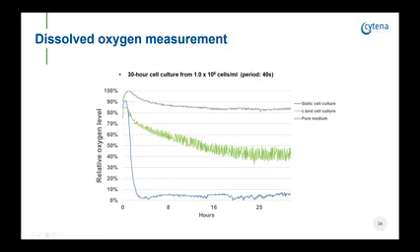And under static conditions, this curve here, the oxygen level drops to less than 10% within 3 hours after we started the culture. While with the CBIRD lid, the oxygen level drops significantly slower and stabilizes at much higher levels, close to 50%.